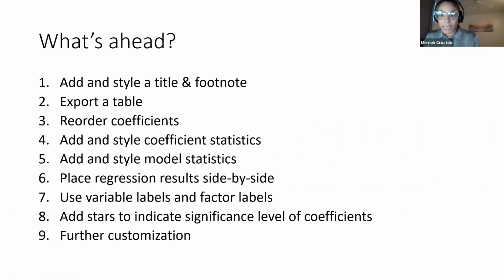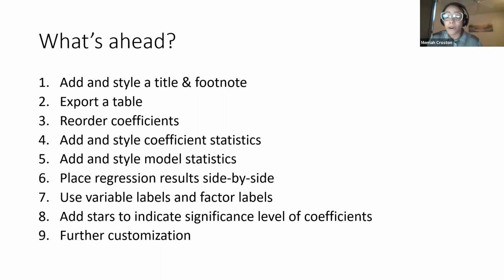How exactly are we getting there? So what's baked into that arrow that I showed on the last slide? We're going to add and style a title and footnote. We are going to learn how to export our table. We will export to Excel, but you can export to Word, HTML, LaTeX. We will reorder coefficients or determine which coefficients to keep or drop.